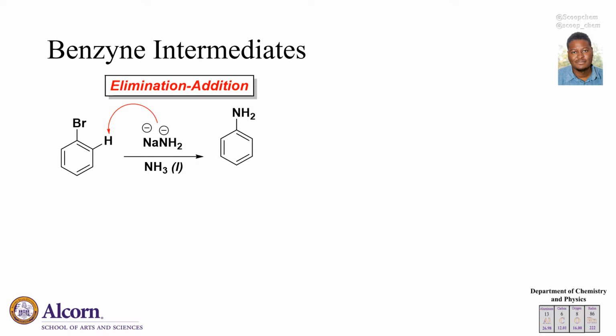All right. So first, our reagent acts as a base and is going to extract a proton. The corresponding electrons are going to form a new pi bond while kicking off our bromo, or the bromine. So this elimination leads to this very unique compound that has a triple bond in the ring.